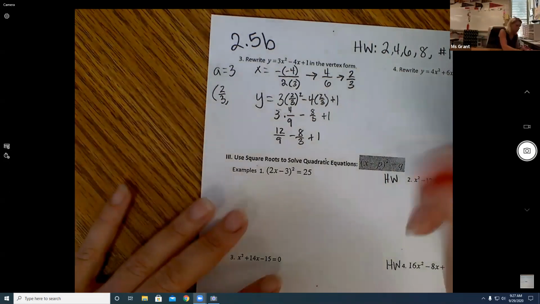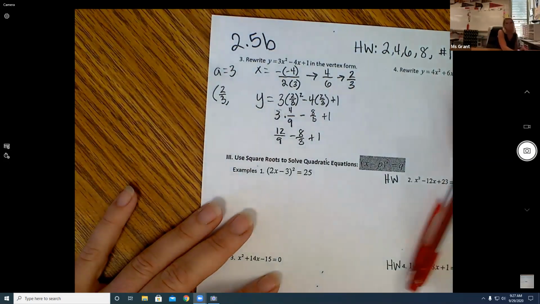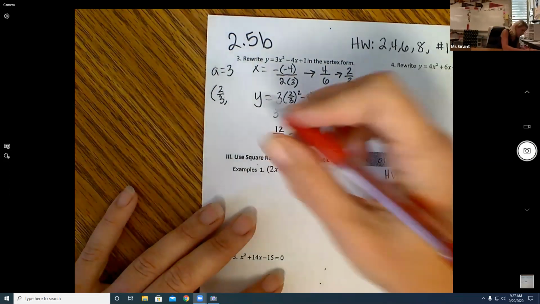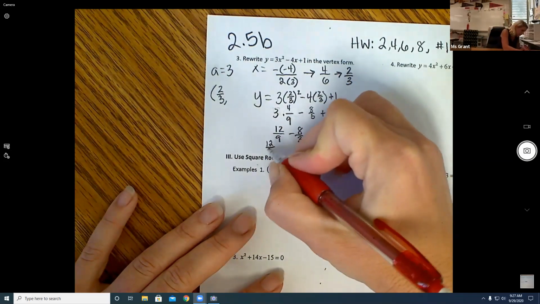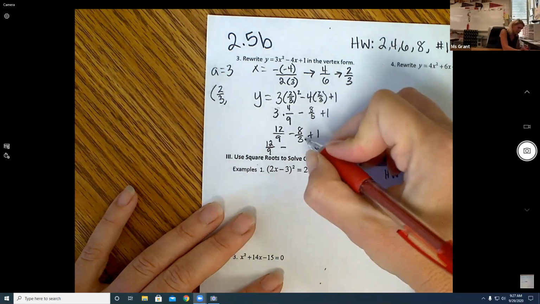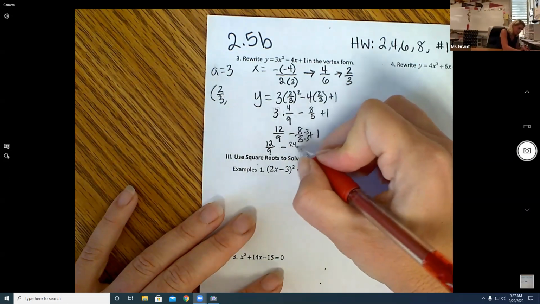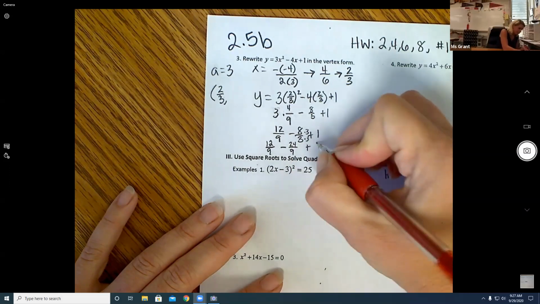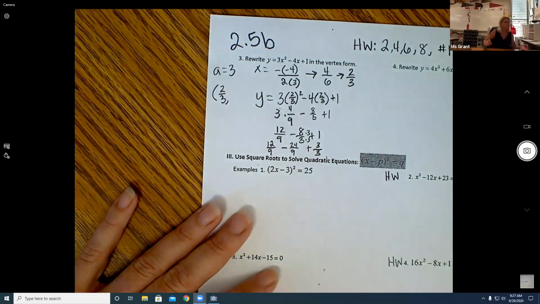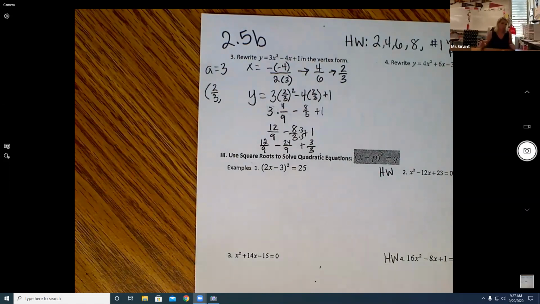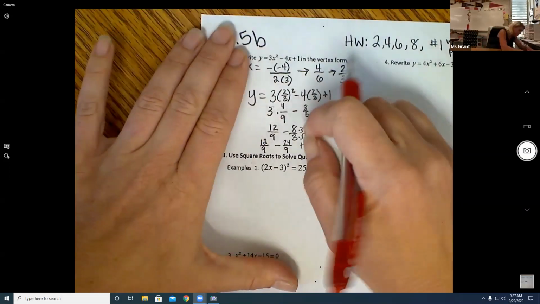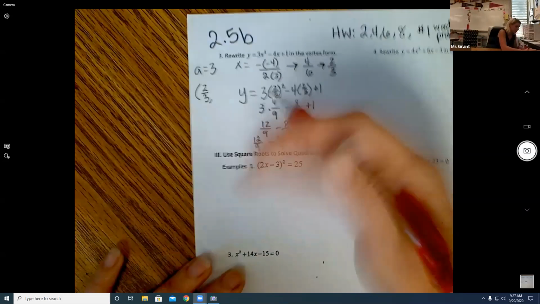Let's do 8/3 multiplied by 3. So I've got 12/9, and I'm going to run out of space. 12/9 minus, make this a 9, 24 over 9 plus 3 over 3. Or let's make it 9 over 9. It'll be a lot easier.